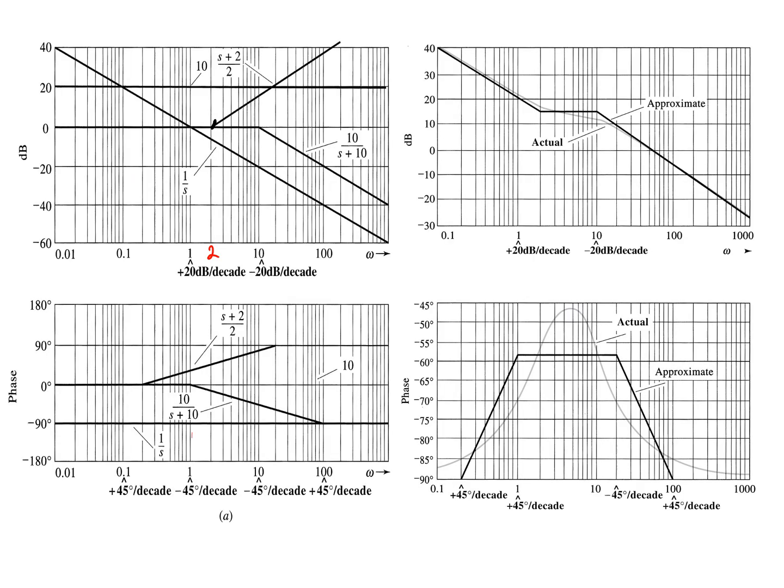With this, if we try to answer it manually, the amplitude for this one is for 1 per S, and then for S plus 2 per 2, and there is 10 per S plus 10, this part, and there is for 10.